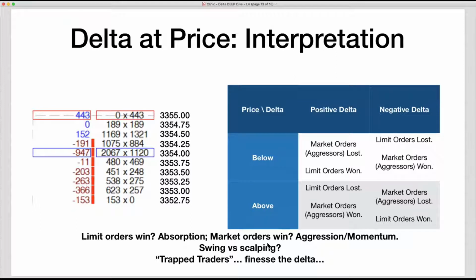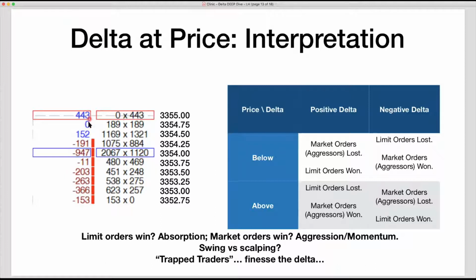So we'll look at the same candlestick, and I've put together a little table here. In this candle, we are trading below various levels of delta. This candle's closed at its low. Where we are trading relative to positive delta or negative delta tells us who won, the market orders or the limit orders.